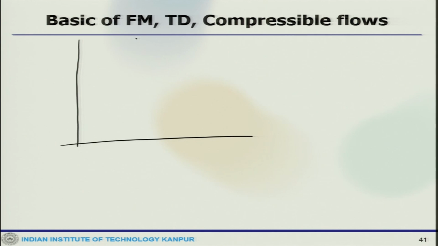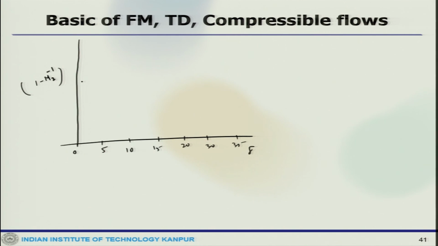So, if I plot that, which goes from 0, 5, 10, 15, 20, 30, 35 and so on, this is the delta, and this side it would be 1 minus Mach number inverse. This is called the Mach number parameter.